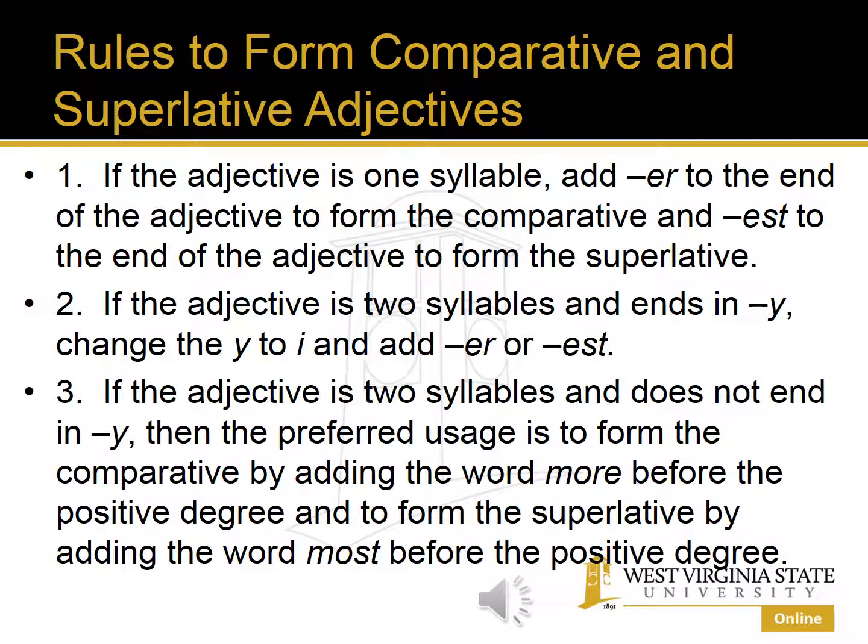If the adjective is two syllables and does not end in y, then the preferred usage is to form the comparative by adding the word more before the positive degree and to form the superlative by adding the word most before the positive degree.